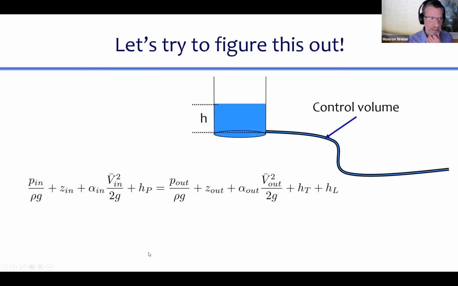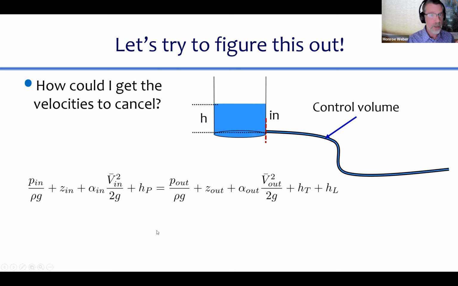Let's try this case where we put a control surface for our control volume right at the beginning of the pipe, and another one somewhere where I'd like the velocities to cancel out. See the problem? I'd like to know what the velocity is through this pipe, what the flow rate is.